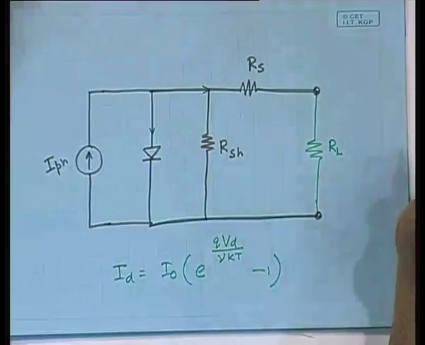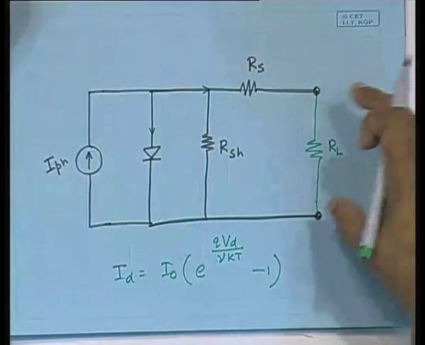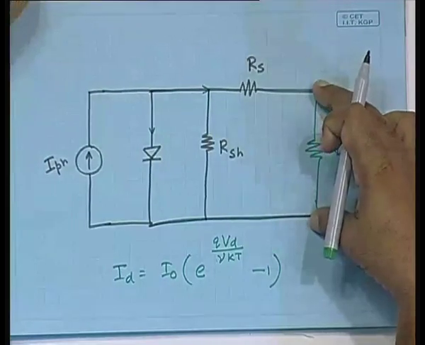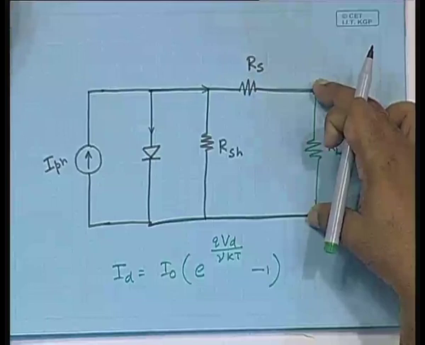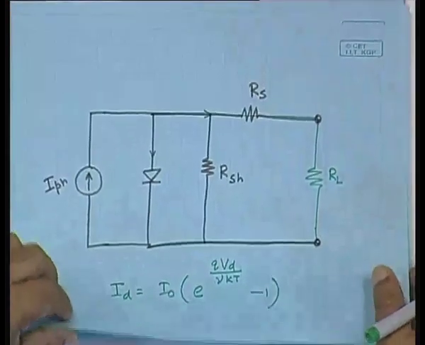Now, let us see, can we now produce a relationship between the voltage and the current that are seen by the load? Obviously, we can. Now, let us see, have you drawn this?